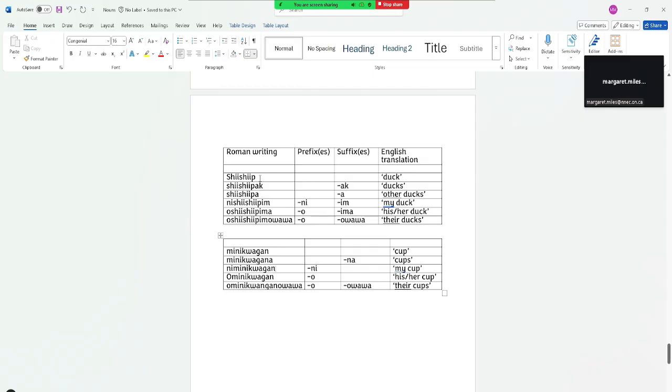It says shishib, and the English translation, duck. Back to the left side, shishib, duck. Here where it says ak, that is added to the word shishib. Ak is ducks.